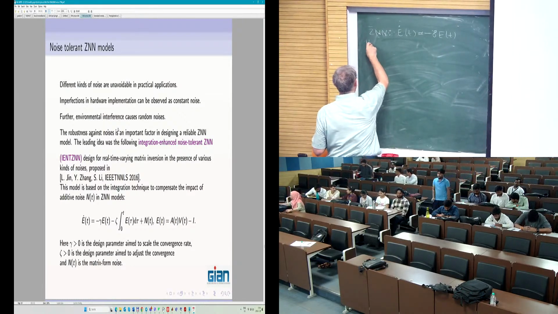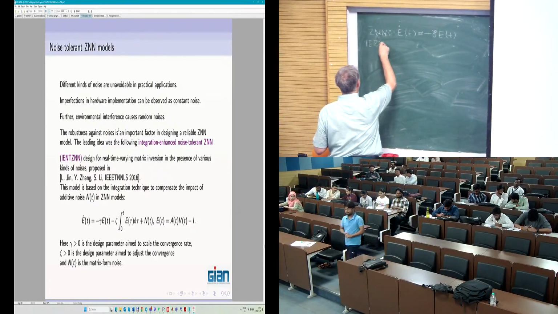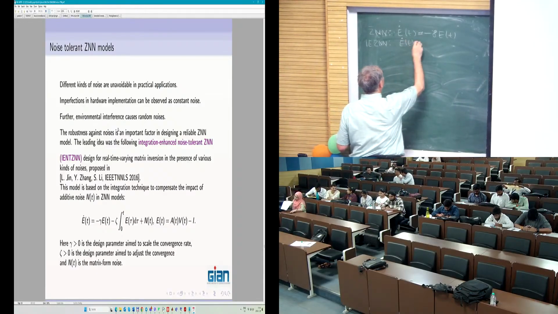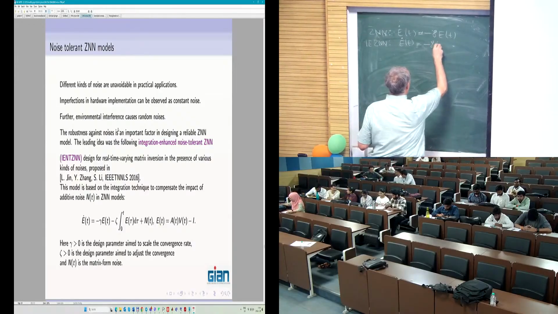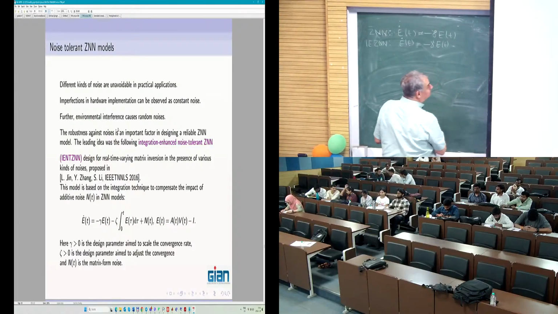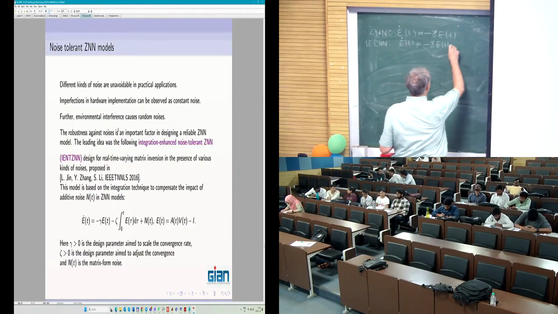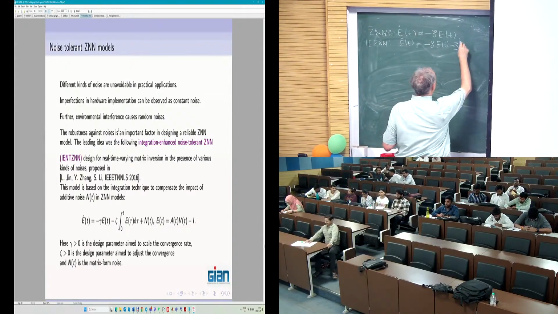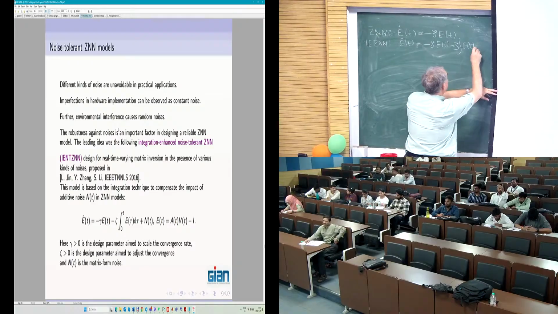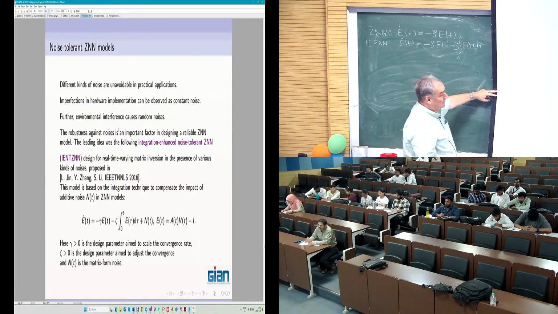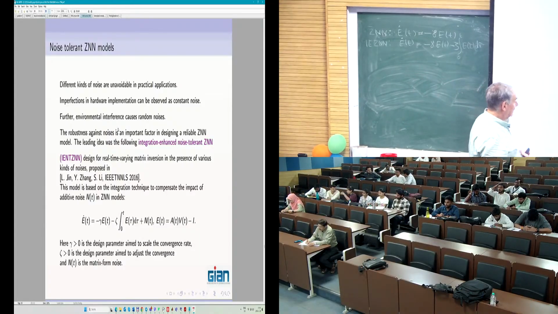The integration enhanced ZNN model assumes the derivative of the error function is equal to minus gamma times the error function minus the new parameter zeta times the integral of E of tau d tau from 0 to the considered time t.